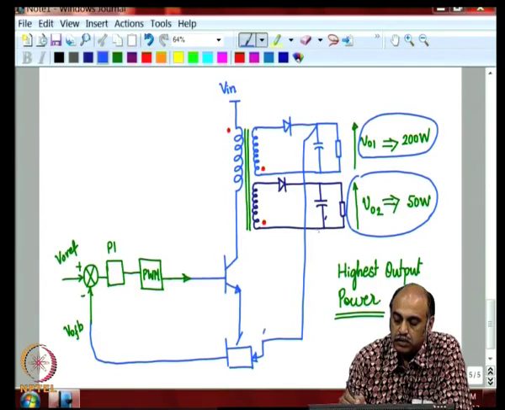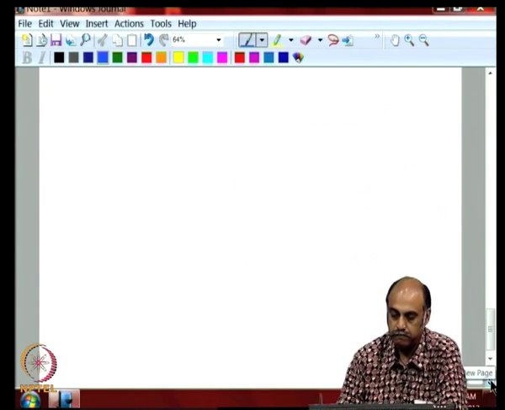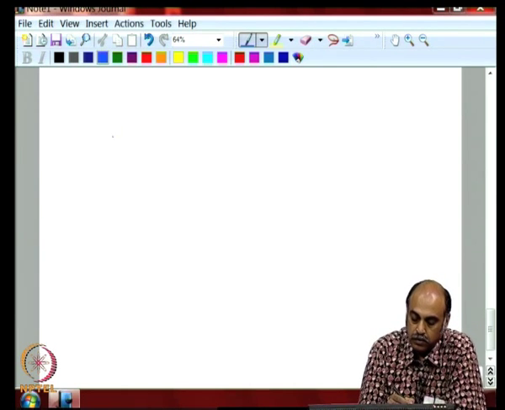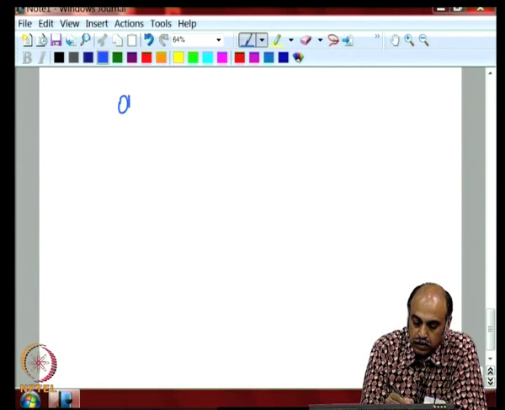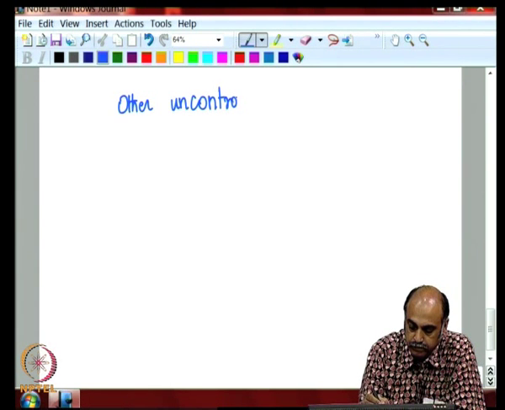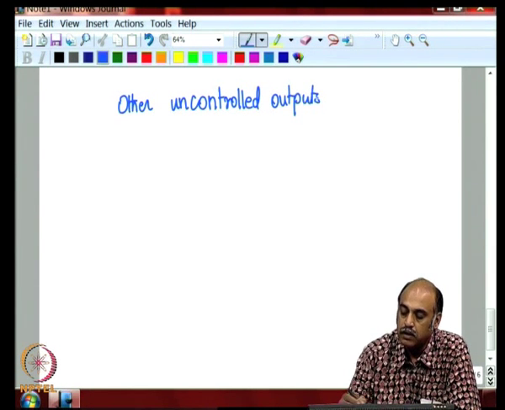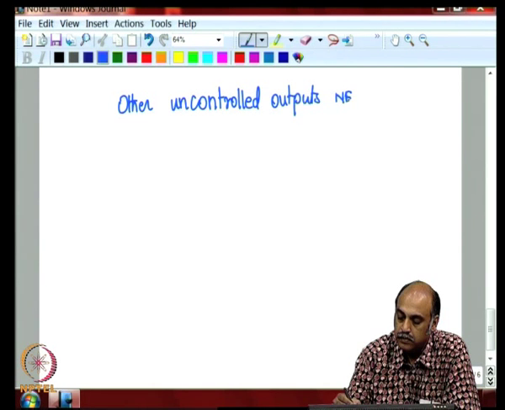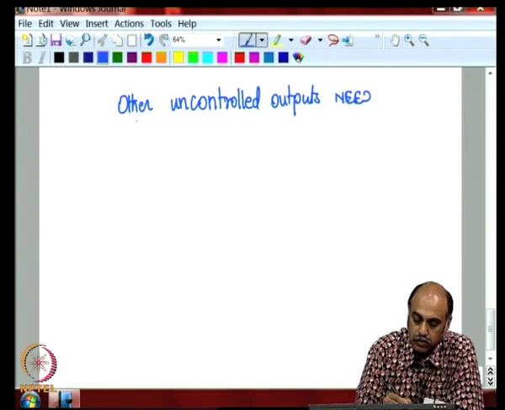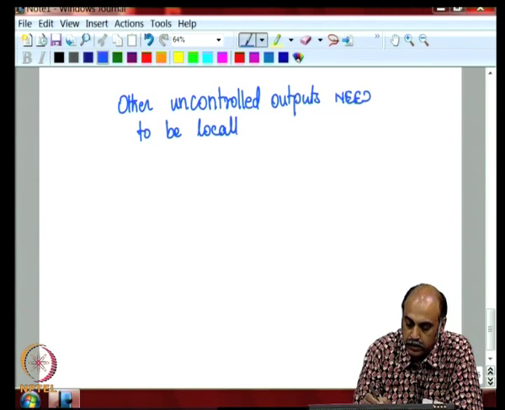They need to be locally regulated. The other uncontrolled outputs need to be locally regulated.